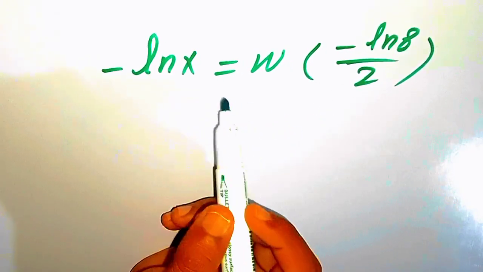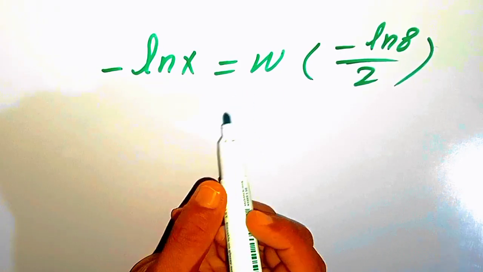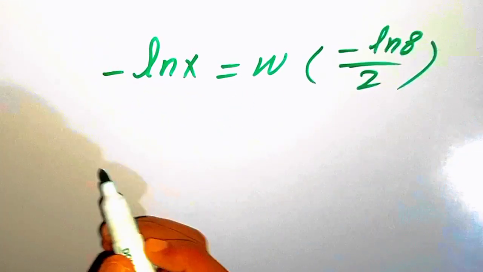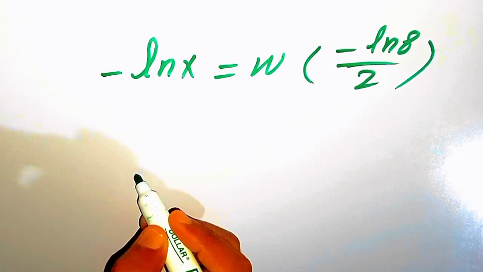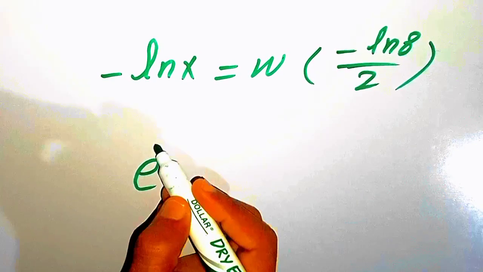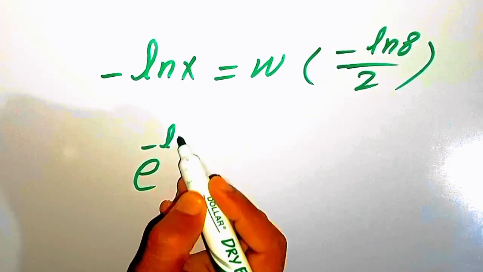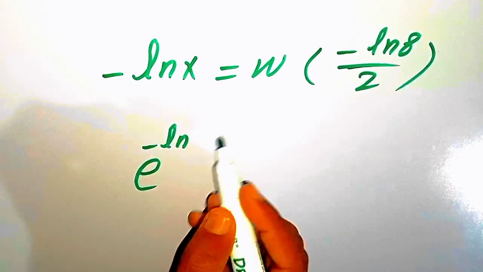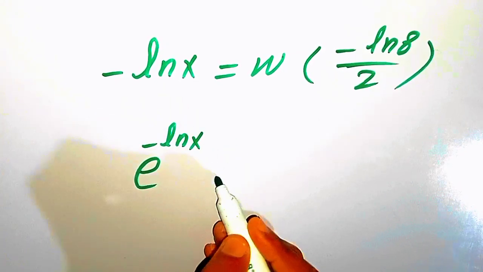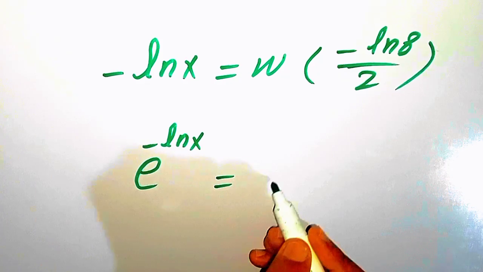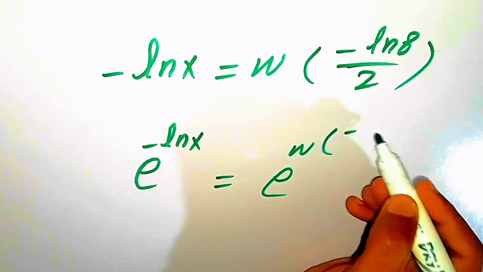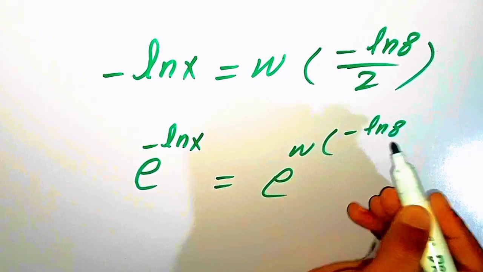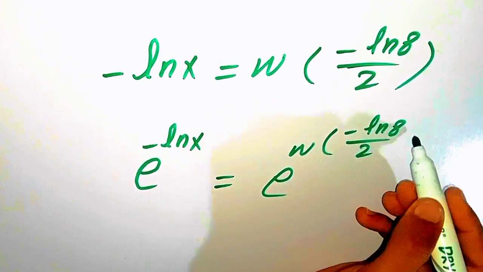Now we take e power on both sides. So our left-hand side becomes e^(-ln x) is equal to e^W(-ln 8 / 2).